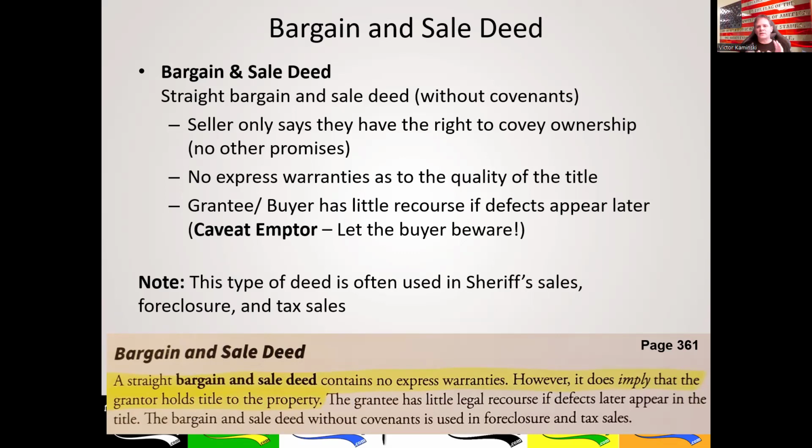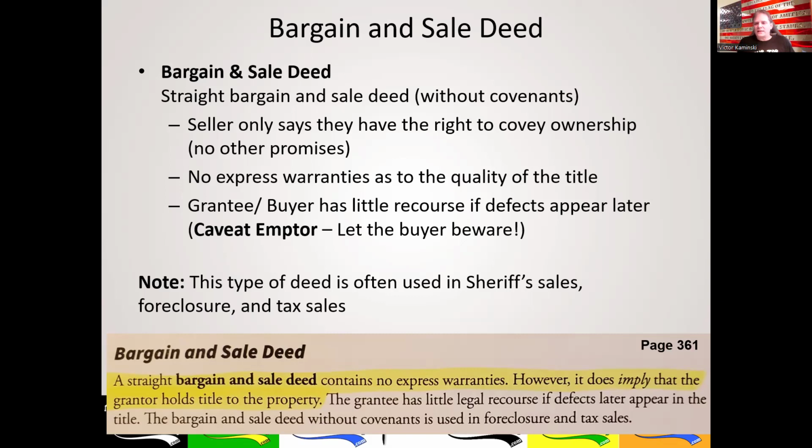Well, the deed is the document used to transfer ownership. The type of deed that you use would dictate the liability of the seller and what they owe to the buyer, or what kind of promises they're making to the buyer.